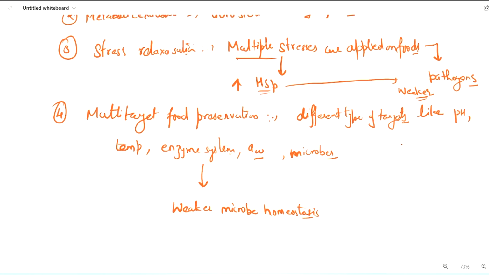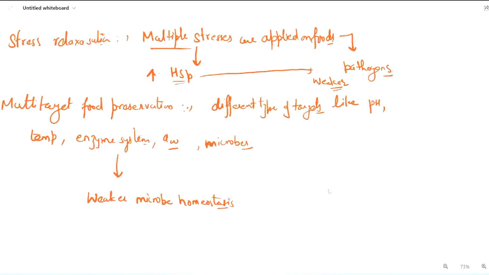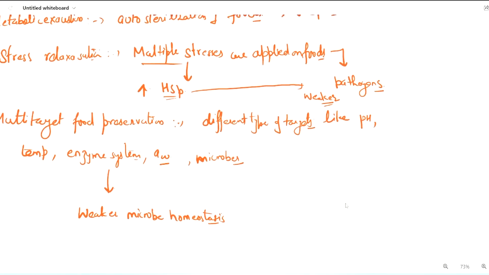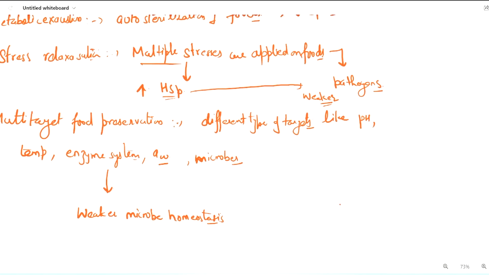In the hurdle technology, it is very important to know its purpose, because its main purpose is to kill or weaken the microbes, so that when you consume those food products, you won't get affected by any type of disease.